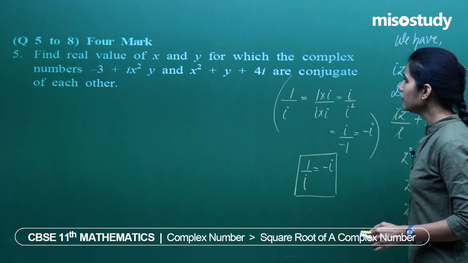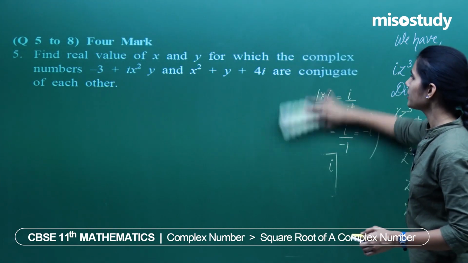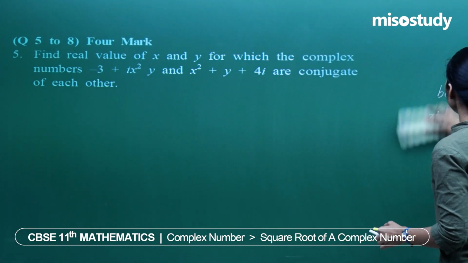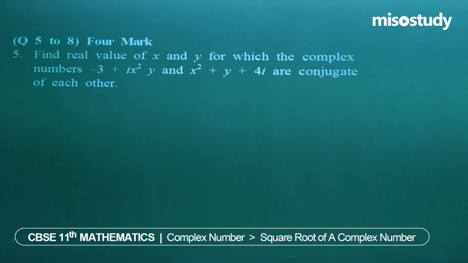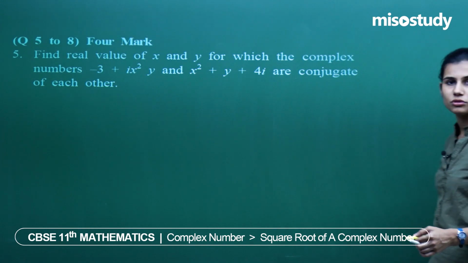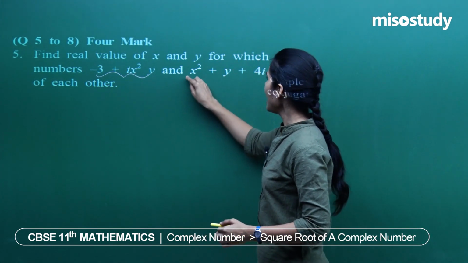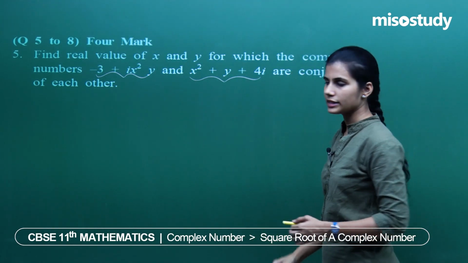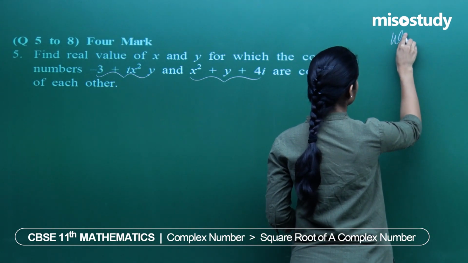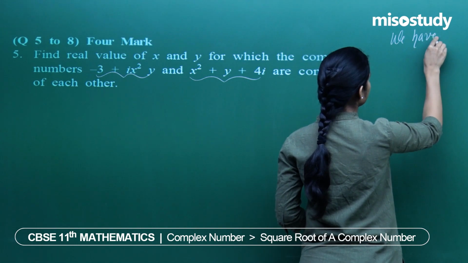Next we have to find real values of x and y for which this complex number and this complex number are conjugates of each other. Now already the relationship between these two complex numbers is fully given to you, right? So you are given that this complex number and this complex number are conjugates. Write it in the mathematical format.